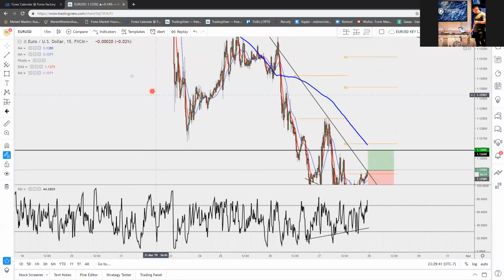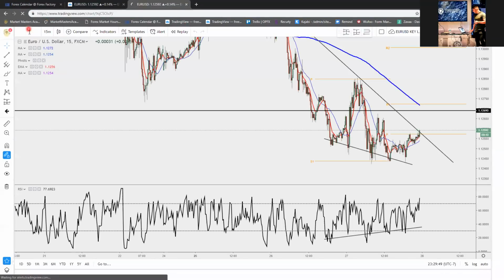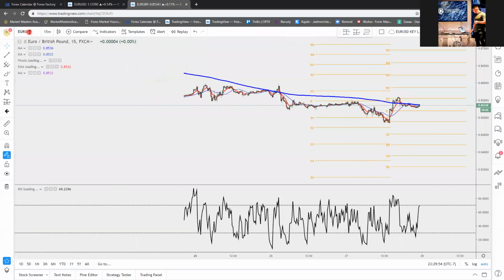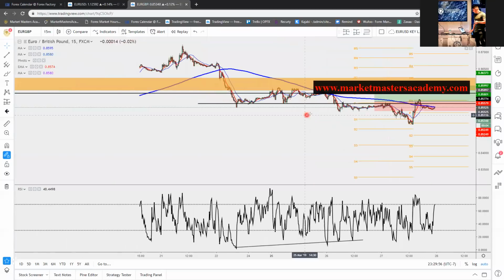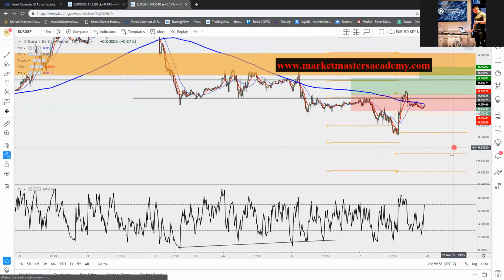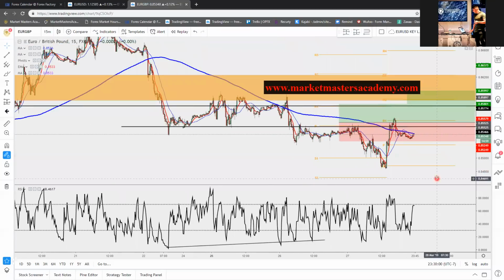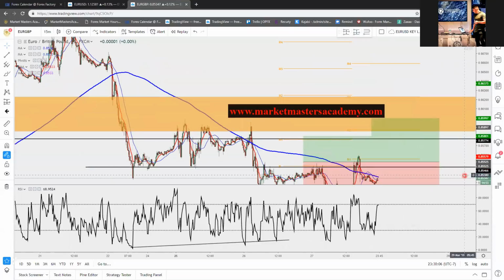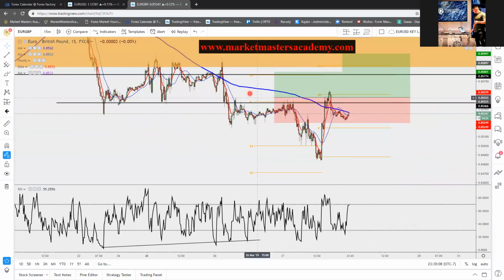Okay, so next one we're going to be looking at, EURGBP. Which, by the way, EURGBP, I have this in for a buy right now, which it entered here, kind of came down, hasn't hit the stop loss or anything just yet, but it is expected to continue going up.